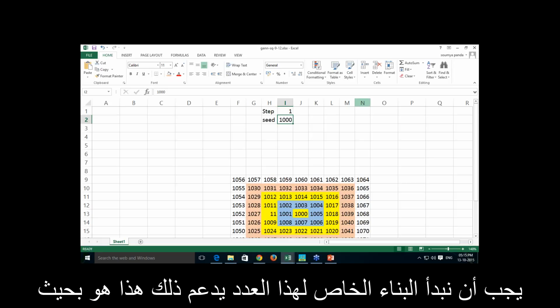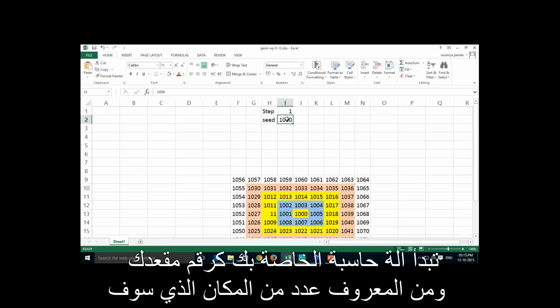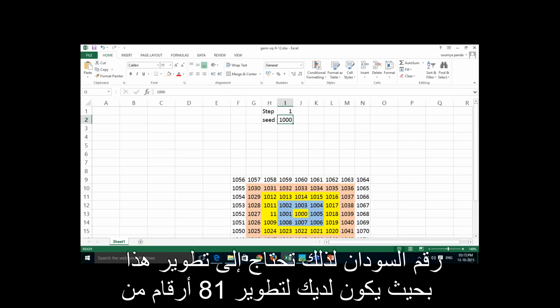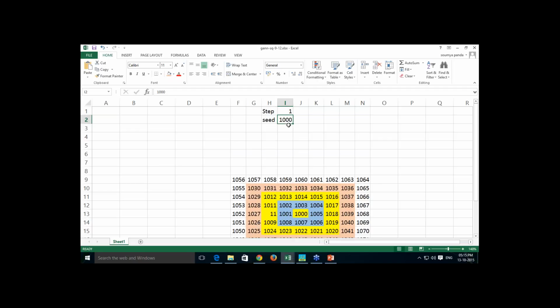The number from where you will start your calculation is known as your seed number. Then the step. You have to develop 81 numbers from a seed number, so you need to develop a step.